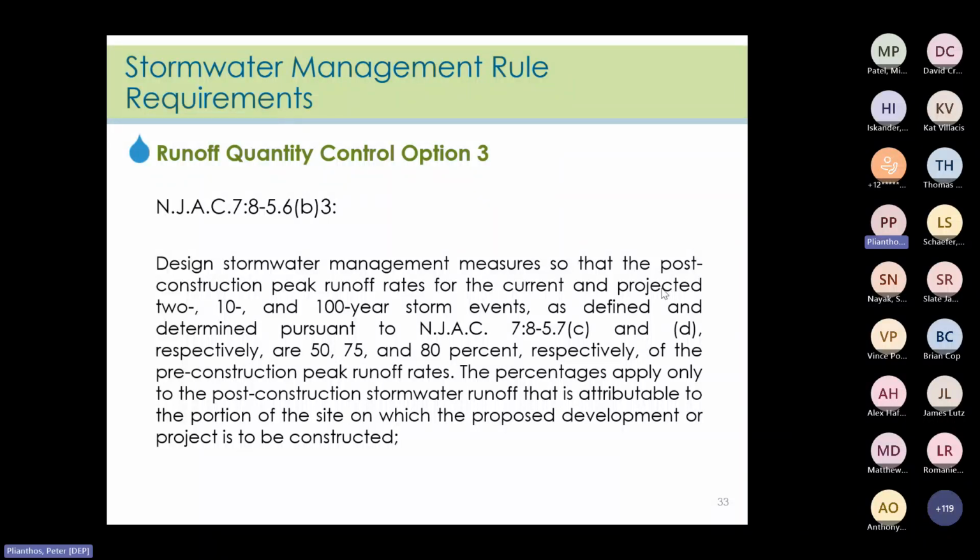But unlike option 2, the analysis required is less detailed because post-construction peak runoff rates for the 2, 10, and 100-year storm events are limited to 50, 75, and 80% respectively of the pre-construction peak runoff rates. This rate reduction is sufficient to demonstrate runoff quantity control, and the offsite analysis as required in option 2 isn't needed. This is the option we see chosen most of the time.